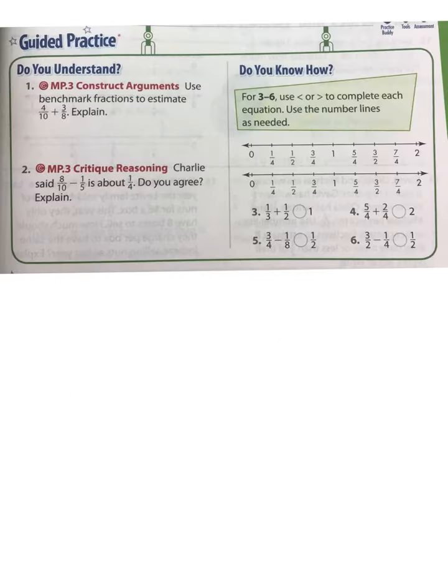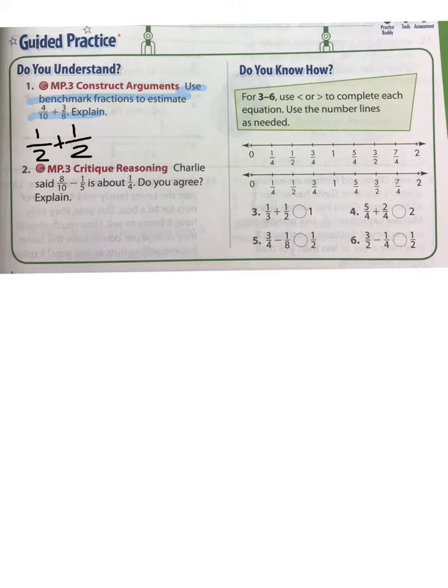Let's see if you are starting to understand. Use benchmark fractions to estimate 4/10 plus 3/8. Well, I know that 5/10 is half, and 4/10 is close to 5/10, so I have half plus, now I have 3/8. I know 4/8 is half, so that is also going to be close to half.